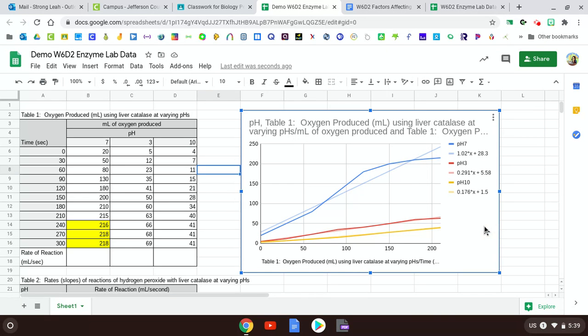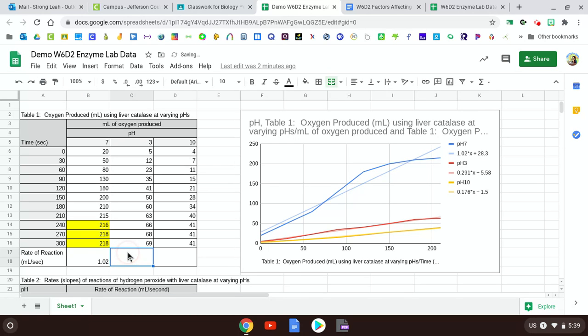Okay, so once you find your m, which is your rate of reaction, you're going to come over here and put your rate of reaction in here. And that should be milliliters per second. Don't forget, units are important when you are doing your data in written form. The units are attached right here in our chart. So here we're going to put 1.02.